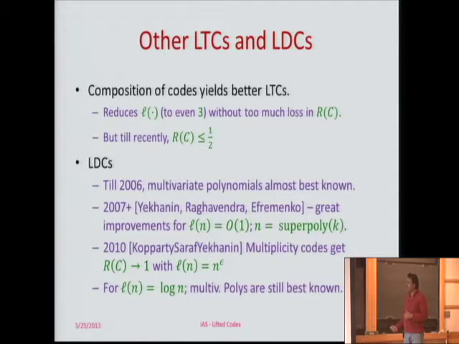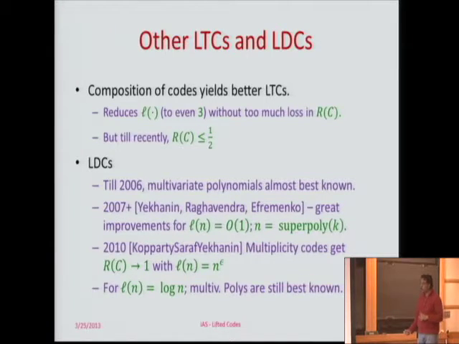And the rate half barrier also survived till 2010, and then Swastik and Shubhangi and Sergey came up with these codes called the multiplicity codes, which I won't describe today, but they're very pretty, very simple also. They get rates going to 1, and the locality can be made n to the epsilon for arbitrarily small epsilon. So you pick a constant epsilon, you can get this.